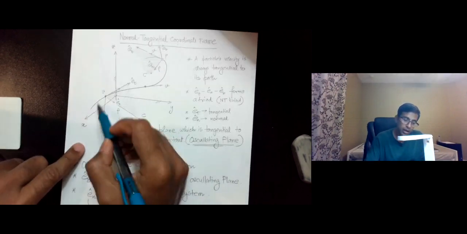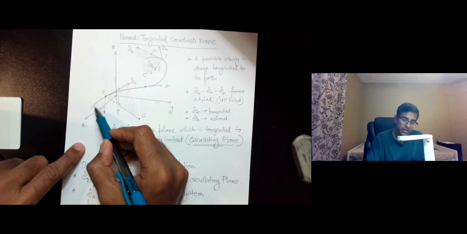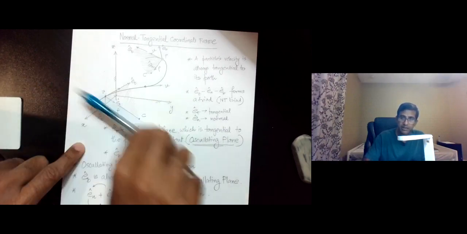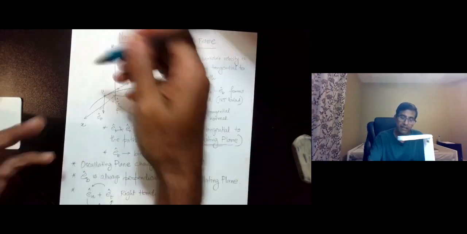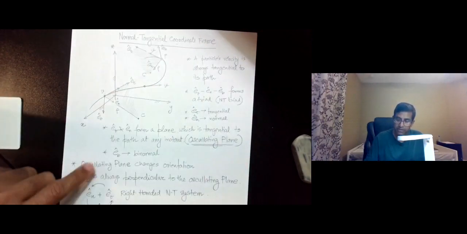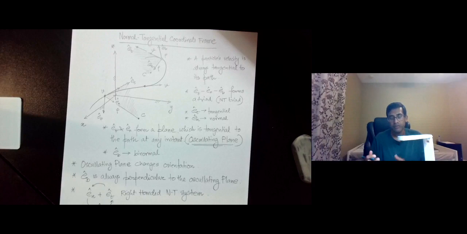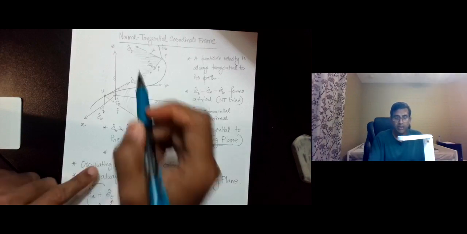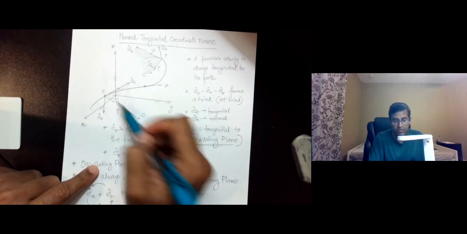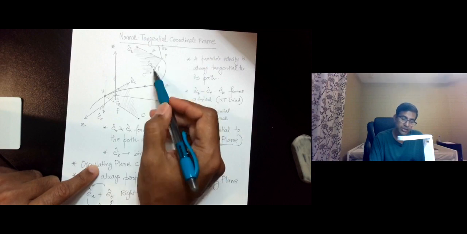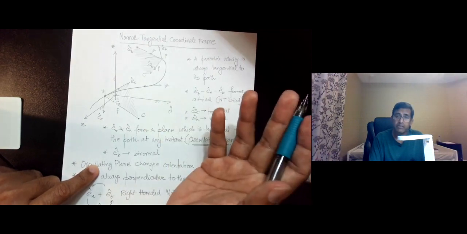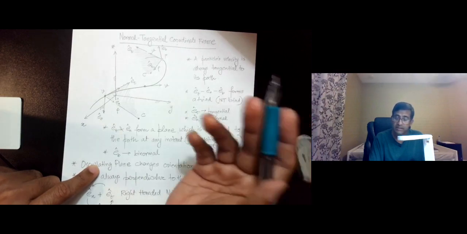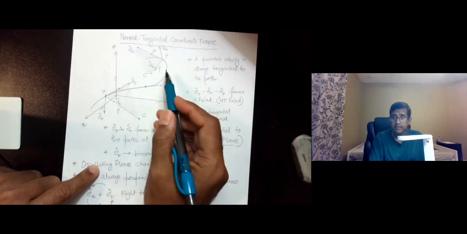That happens when the curvature changes. Here the center of curvature is directed to the right. Here the center of curvature is directed to the left of the path. So when that flip happens, En will also flip from right to left. Now, since the curvature is to the right over here, and here the curvature is to the left of the path, you may be wondering if at some point the curvature becomes zero, that is, the path has a zero curvature, and that indeed is going to happen.